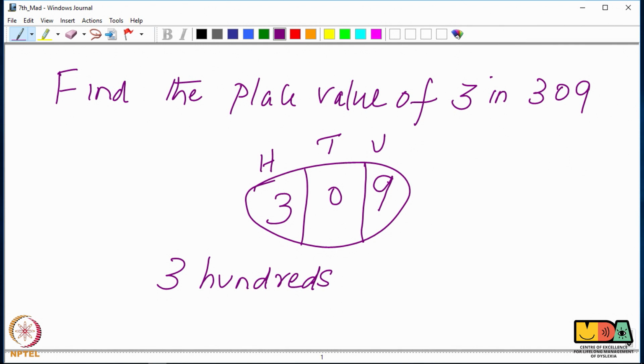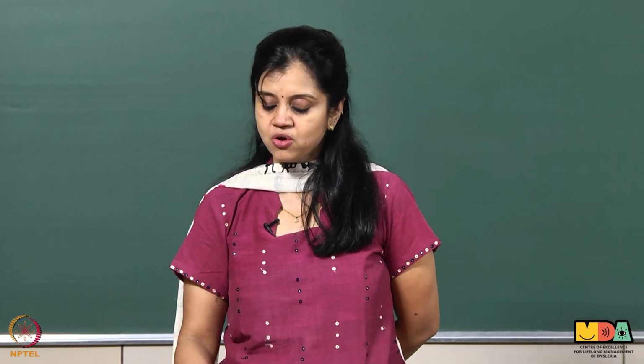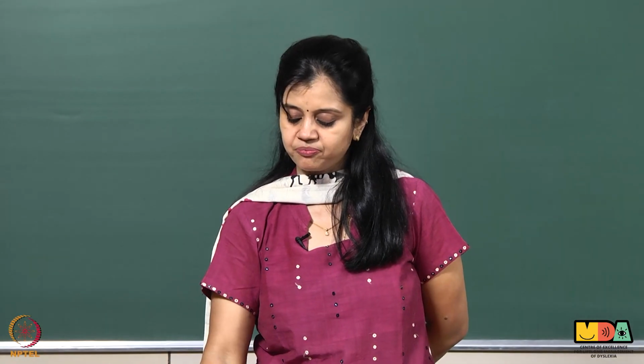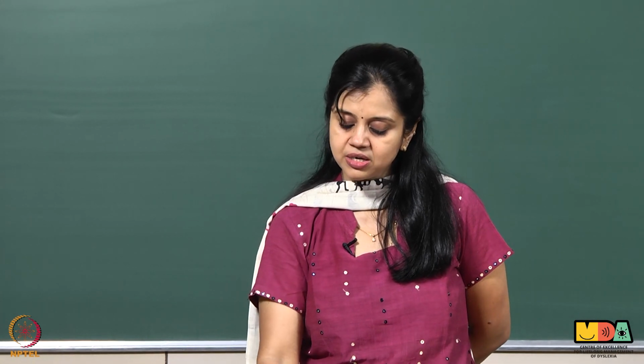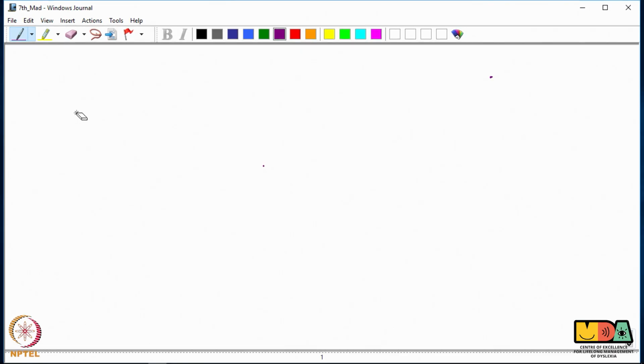Is this the only use of caterpillar? No, caterpillar can be used even to write in expanded form. So, let us just take a number and see how caterpillar helps us to do expanded form very easily. So, let us take 379.